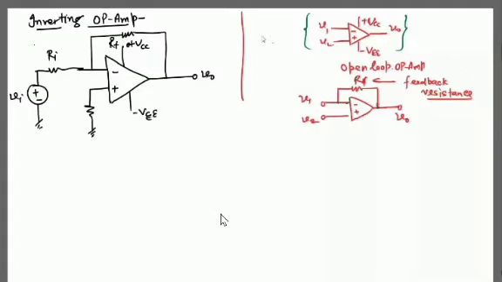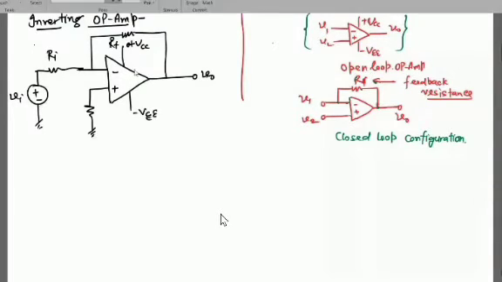So here this resistance RF is applied to create a feedback path. This is called closed loop configuration. One more thing I would like to explain over here.